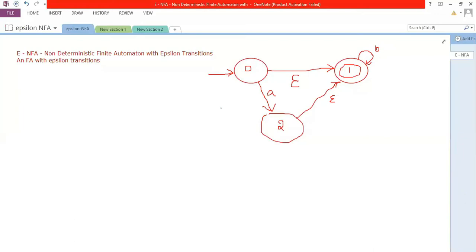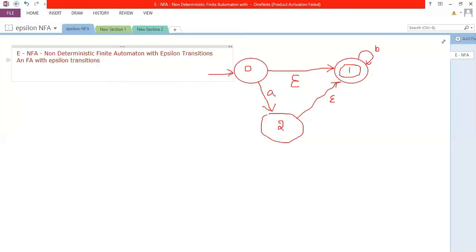Now coming back to the definition, the definition would remain almost the same with respect to NFA. Even this has 0, 1 or more transitions for any input symbol in any state. So no need to worry about that part. That would still remain the same.